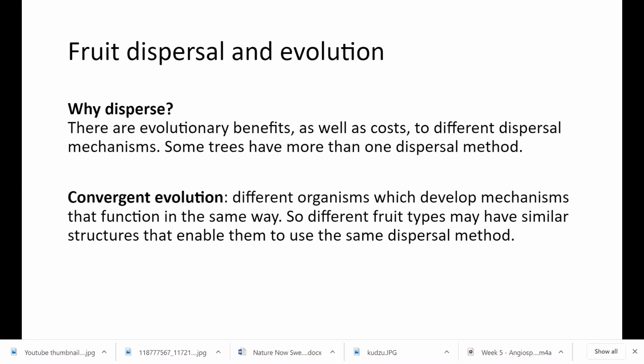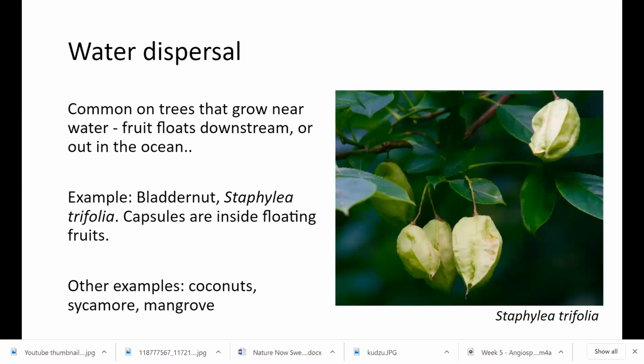And then we sometimes see examples of convergent evolution, where you have unrelated organisms that develop mechanisms that function in the same way. So you could have different fruit types that have similar structures that allow them to disperse in a similar way, but they're not exactly the same type of fruit. We'll see some examples that should illustrate that a little bit better.